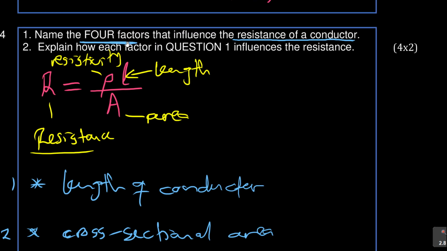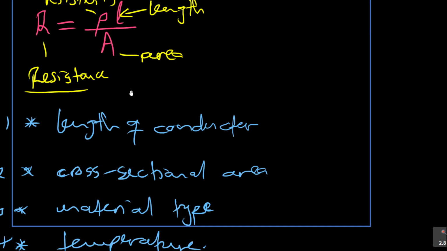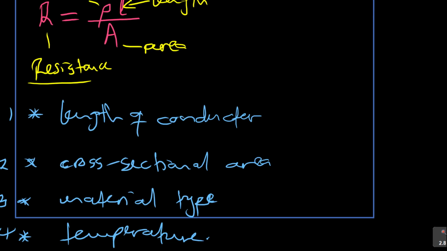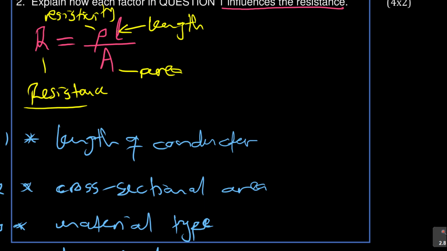And then look at the second question. It says, explain how each factor in question 1 influences the resistance. Now they want you to say, of these factors that they're giving us, how do they affect the resistance? You understand? They want you to explain now how each factor affects. You don't have to struggle. Look at this. You see the length is on top.